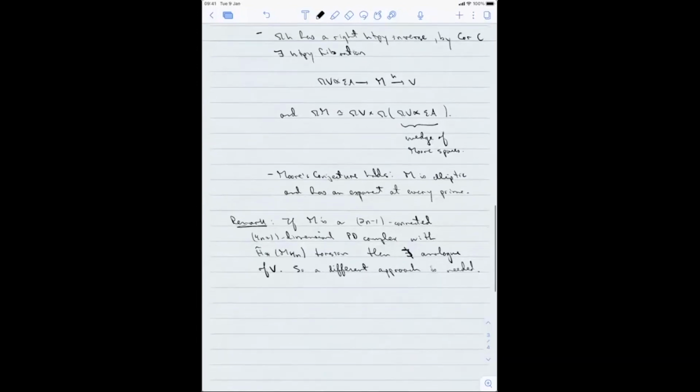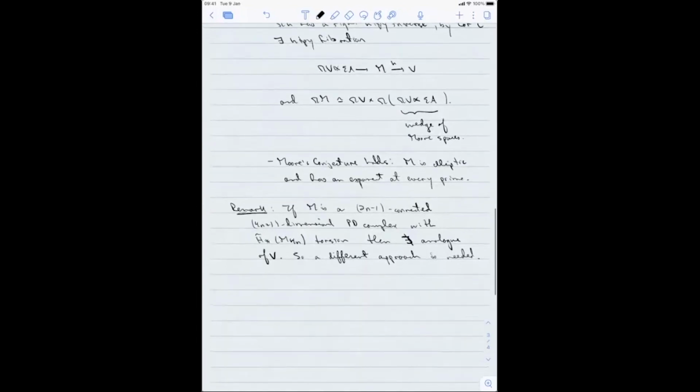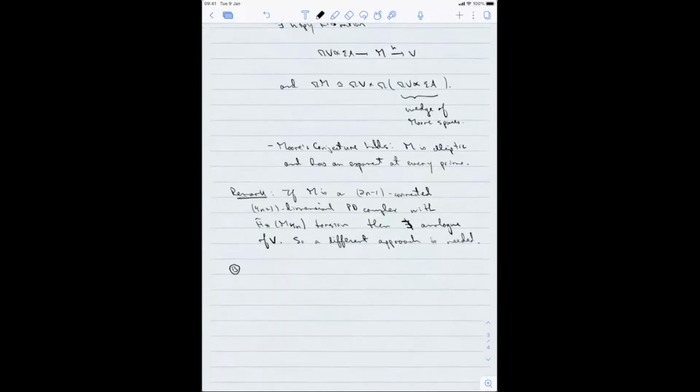Okay. And this has been worked through to some extent, not just for 2n minus 1 connected, 4n plus 1 dimensional Poincaré duality complexes, but in the whole n minus 1 connected, 2n plus 1 dimensional setting. So let's just do that.